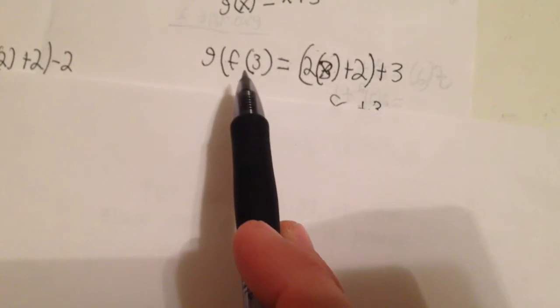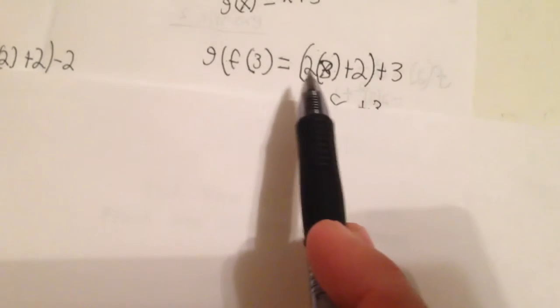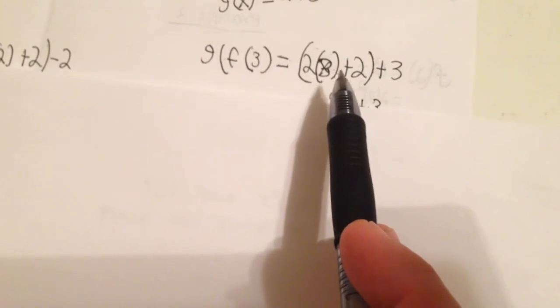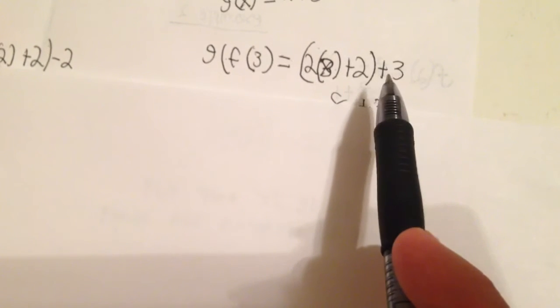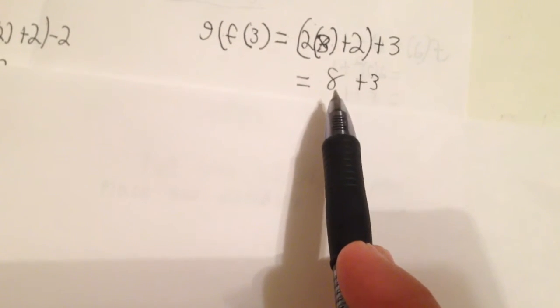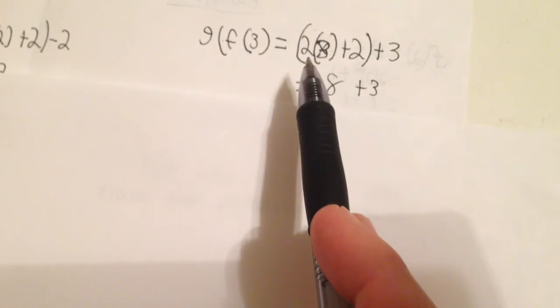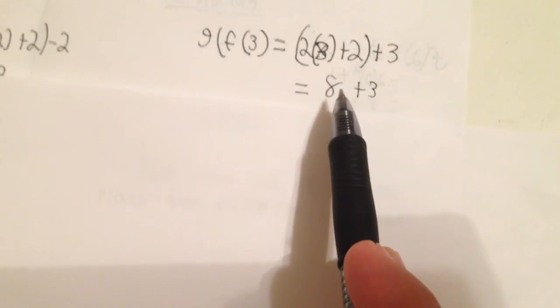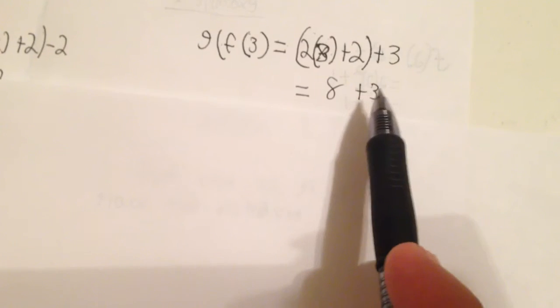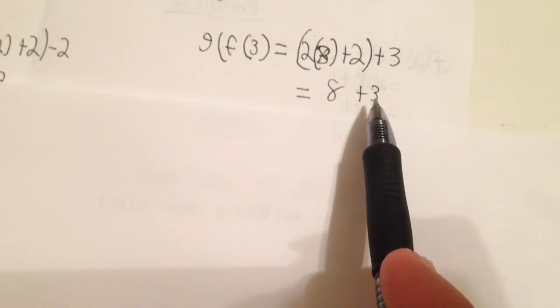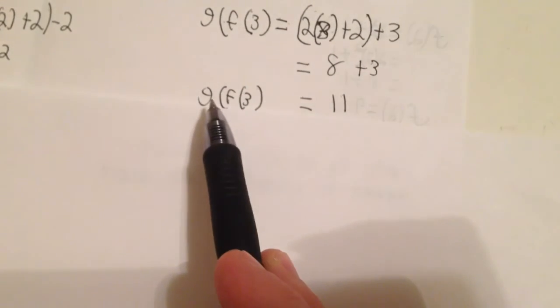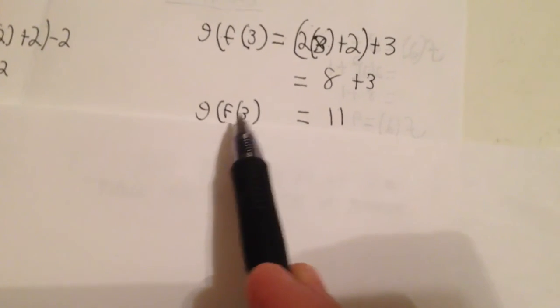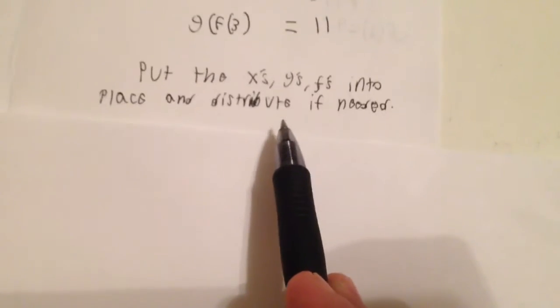G of f of 3 equals 2 times 3 plus 2 plus 3. And if you do the math, 2 times 3 plus 2 all equals 8, and then you just add 3 to the end of that. And the simple math is g of f of 3 equals 11.